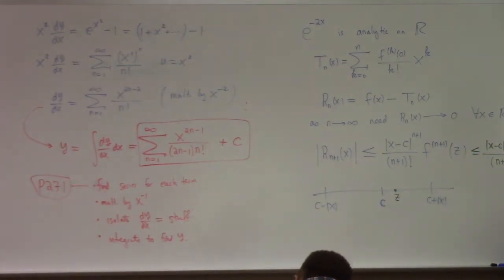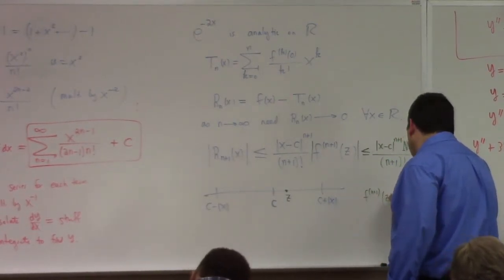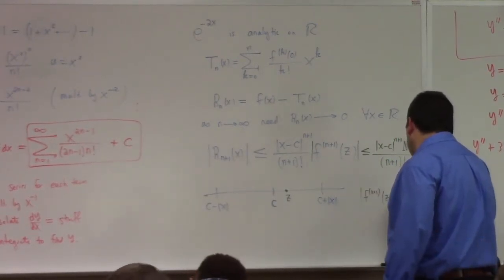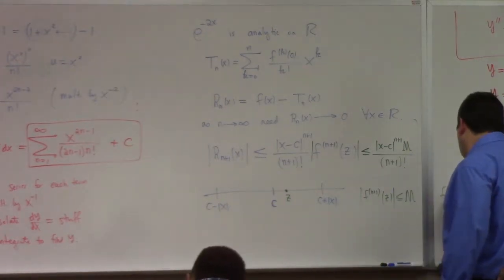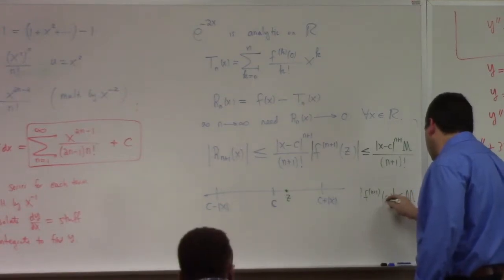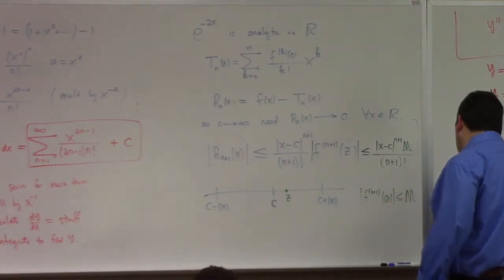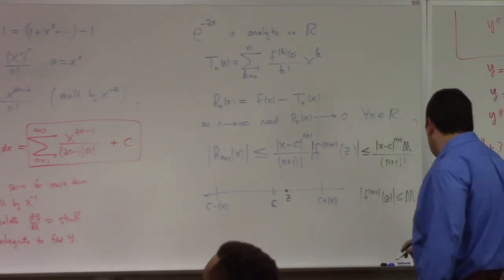And here what you want is a bound. I'm missing absolute values on this. You want the n plus 1 derivative at z to be less than or equal to m, for every z in that interval, that has to hold.